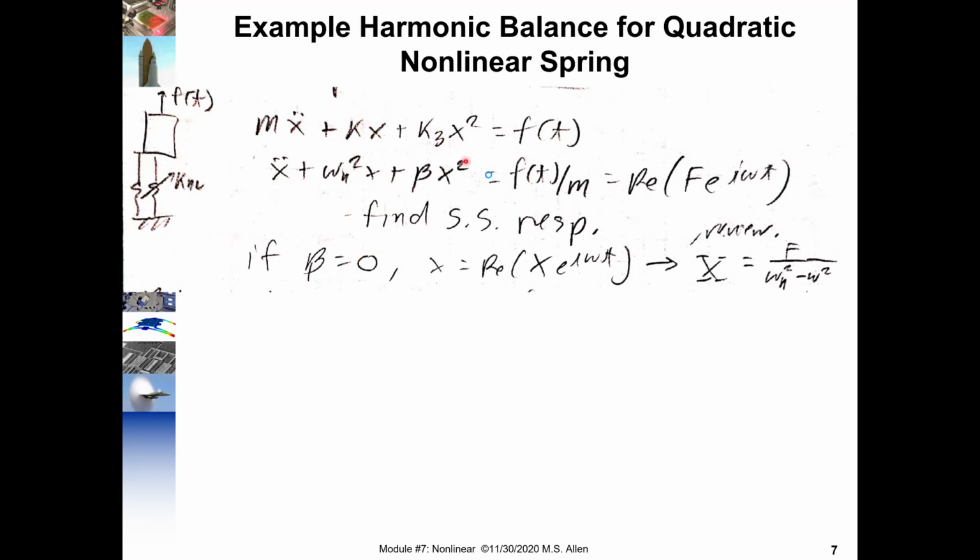If this was the linear case, we would be able to solve for the response x here, and there's a term, remember, in the denominator, the natural frequency squared minus the drive frequency squared. And that's why when the drive frequency is equal to the natural frequency, this is 0 and you get a large amplitude vibration.